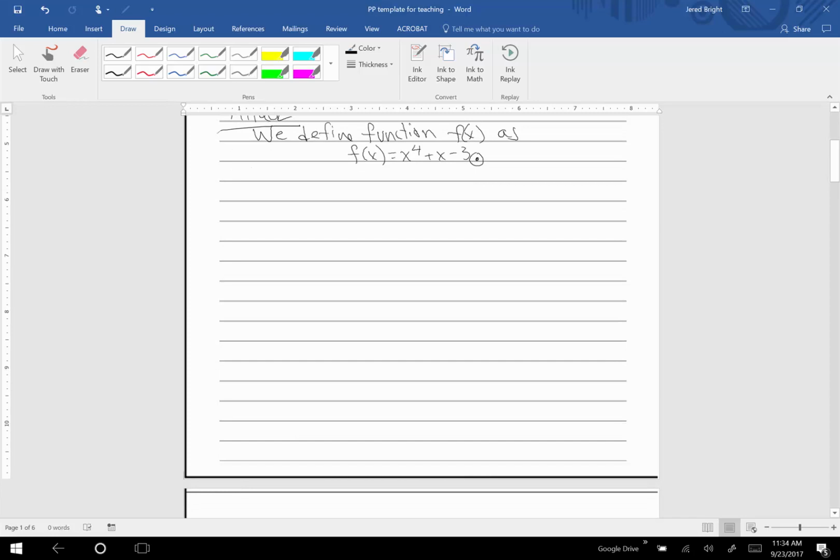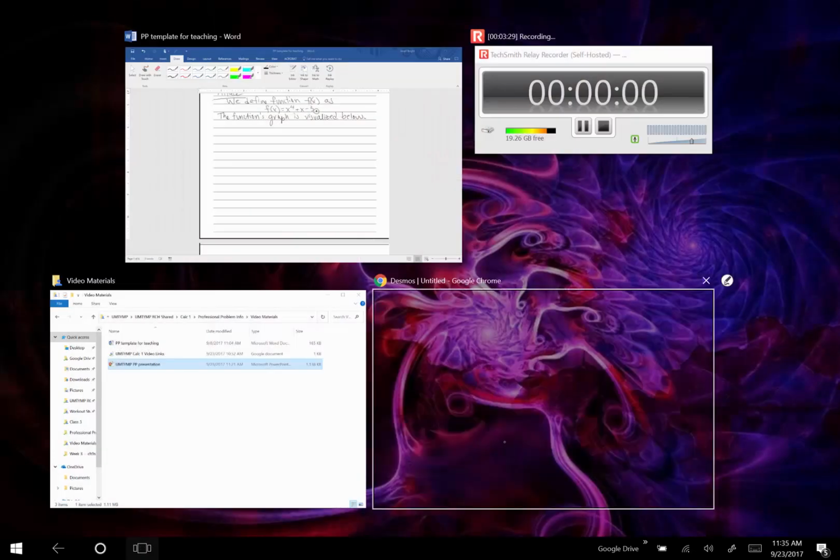So I'm going to say the function graph is visualized below. I did this already in Desmos.